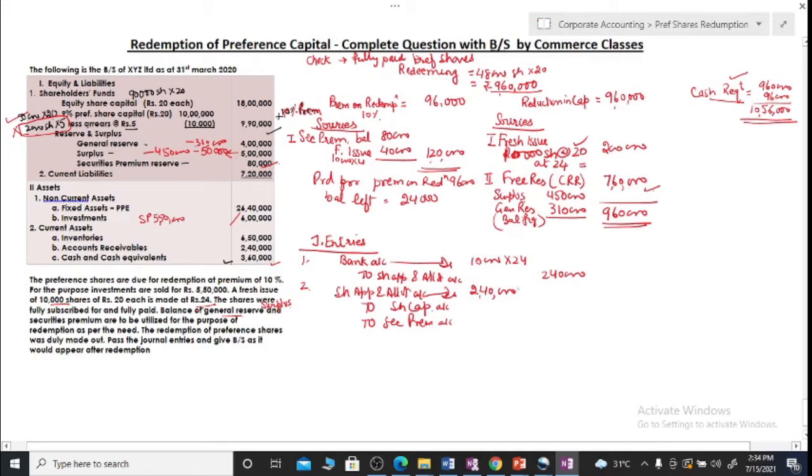We have to remember what we are doing and how we are doing it, and that sense helps us know that we cannot provide for premium in the beginning because we need premium from the fresh issue. Now we have got that premium, so after that we can provide sources for premium on redemption. But anyhow, since we have started with this, we have passed the entry for fresh issue. Now pass the entry for CRR also. So you will be using surplus and you will be using general reserve.